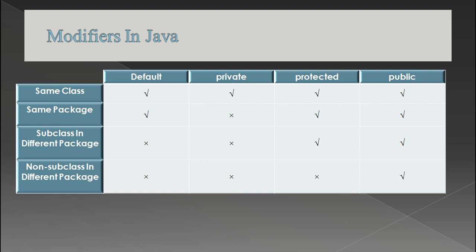That is, a protected class member can be accessed in a subclass of a different package. But if the calling class, the class trying to access a protected member, is a non-subclass residing in a different package, it cannot access the protected member.